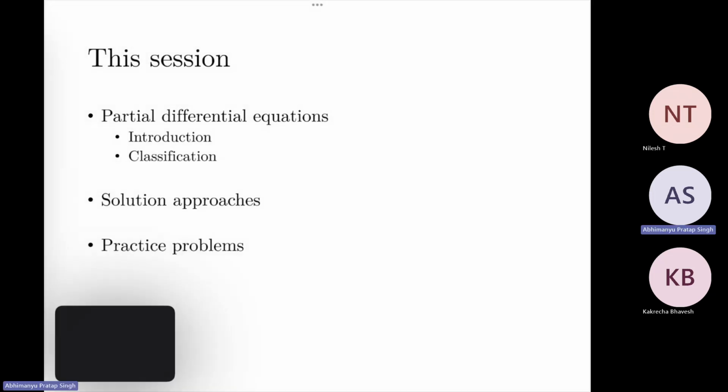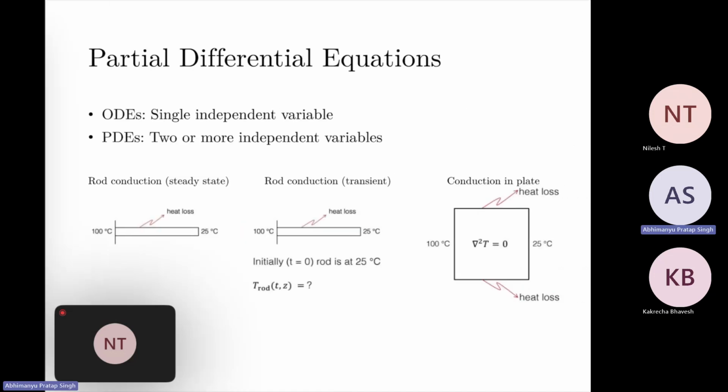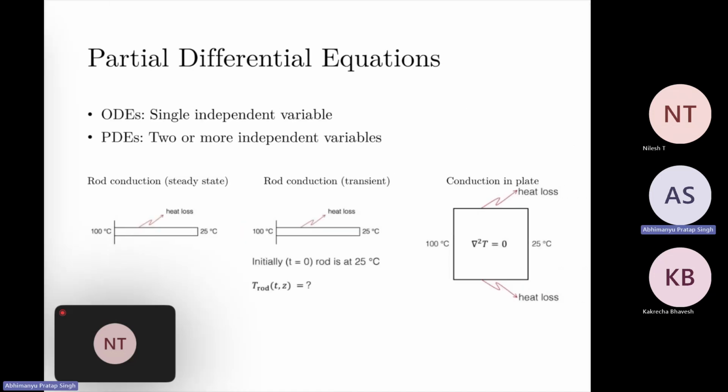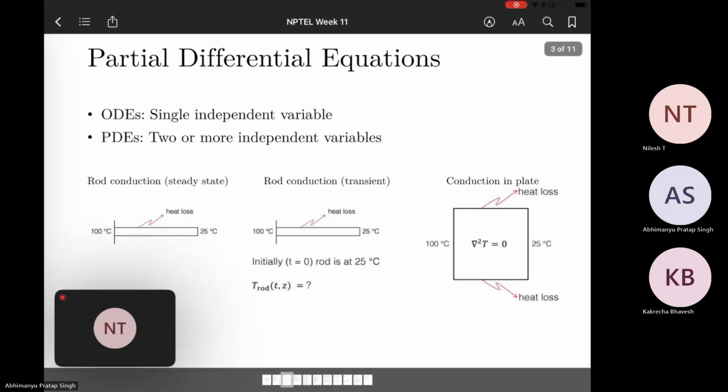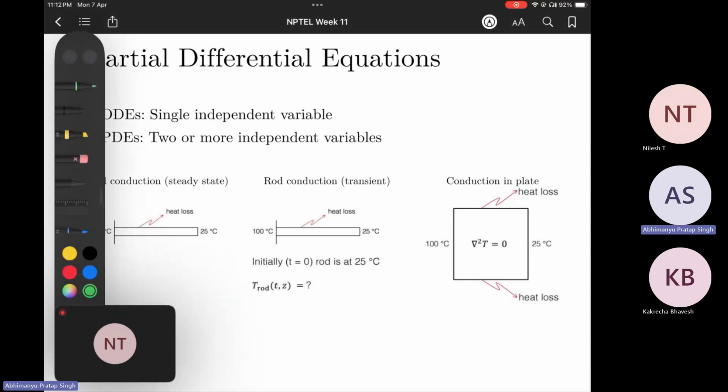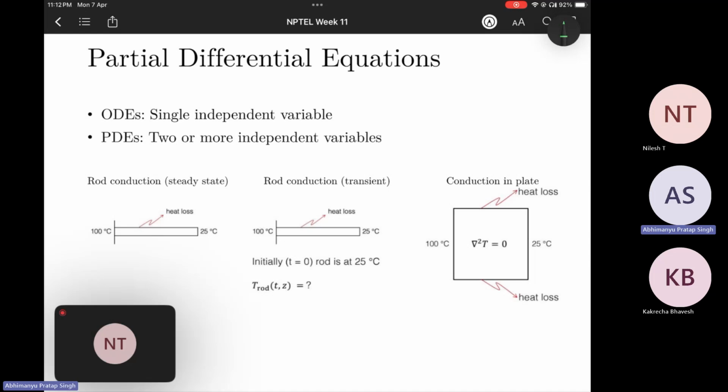Yeah, fine. So we were just discussing PDEs. I think you guys already know. PDEs have two or more independent variables, and ODEs have a single independent variable. So in the ODE case, we have dT/dt equal to f of t only, a function of t.